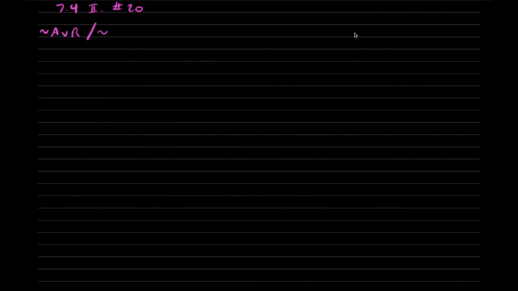The next premise is the negation of N and not C. Next premise, we've got R implies C. Next premise, we've got C implies not N. And the conclusion, which I'm going to separate off with a double slash, is just A or C.